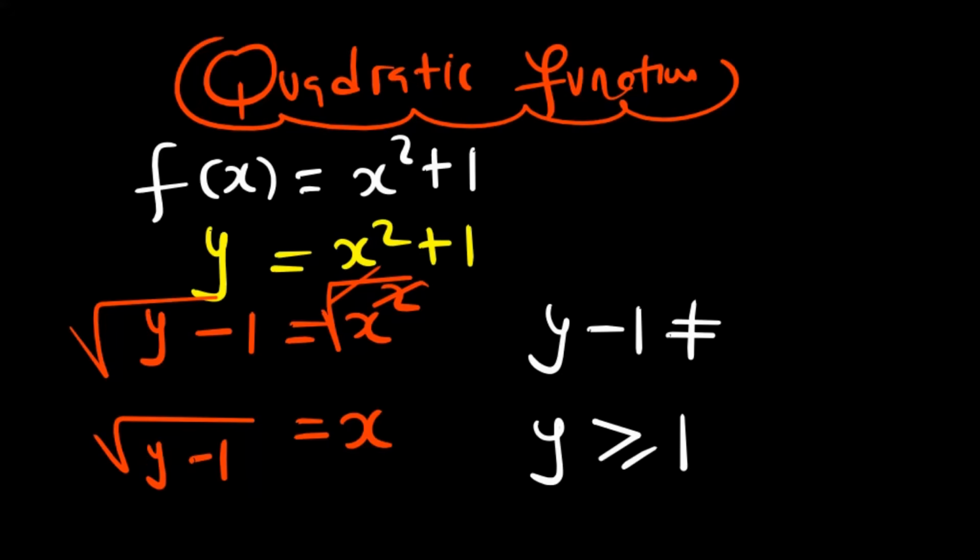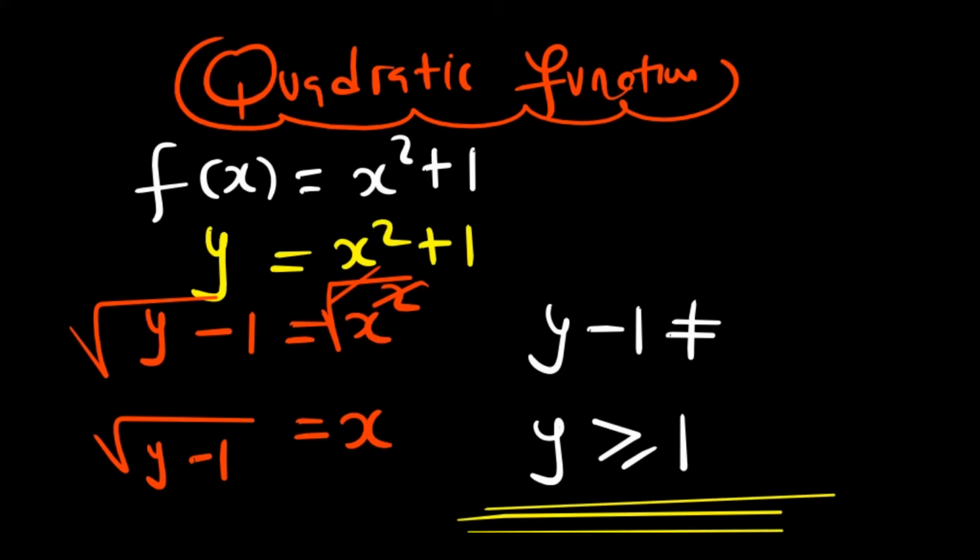That's why we have to go back and find the inverse. So we're able to see that negative 1 going all the way to the negatives, they are not going to exist. So the range, the y values that you want, are all numbers that are 1 or greater. Basically that would be the range for this function.